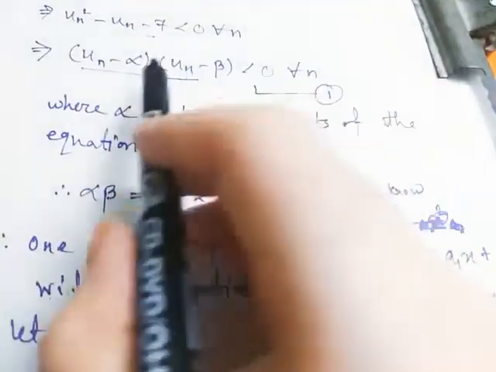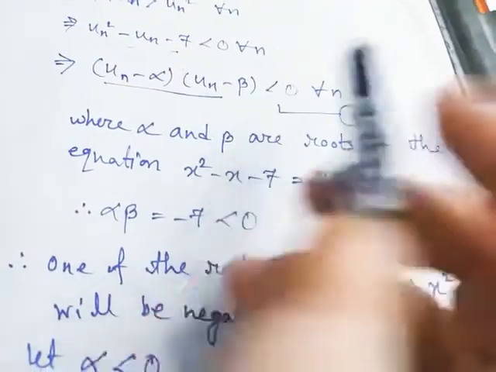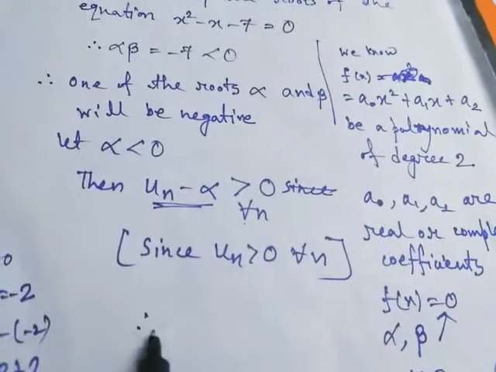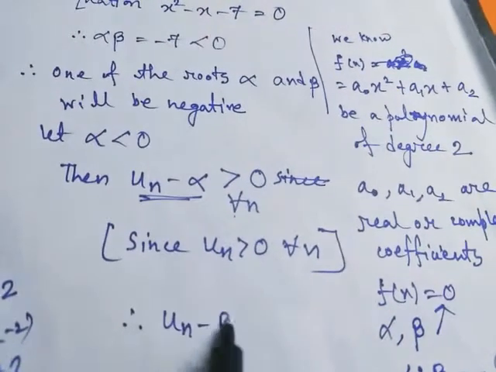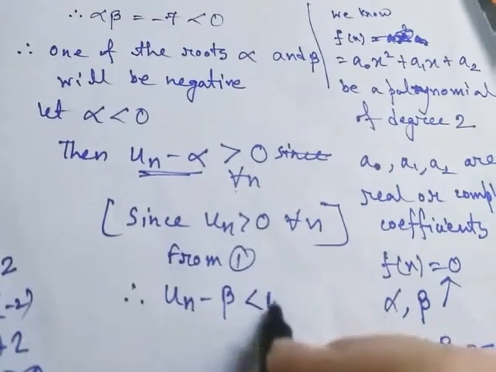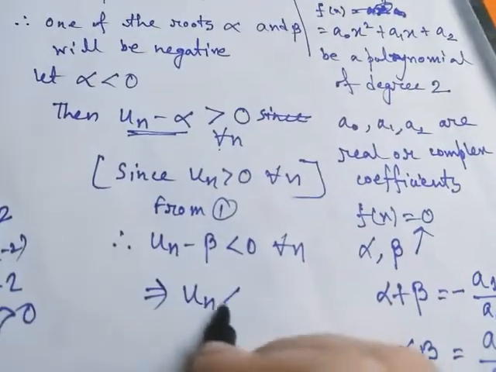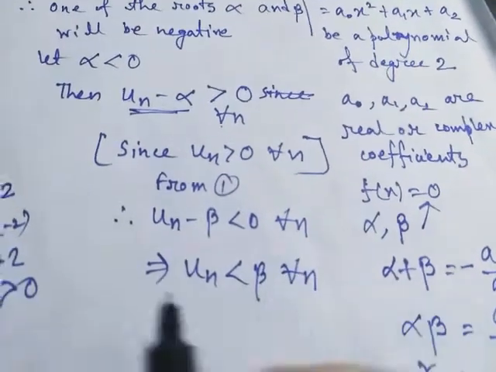From 1, u_n minus alpha is greater than 0 for all n. So from this, u_n minus beta is strictly less than 0 for all n. Therefore, u_n minus beta from 1 strictly less than 0 for all n implies u_n is less than beta for all n.